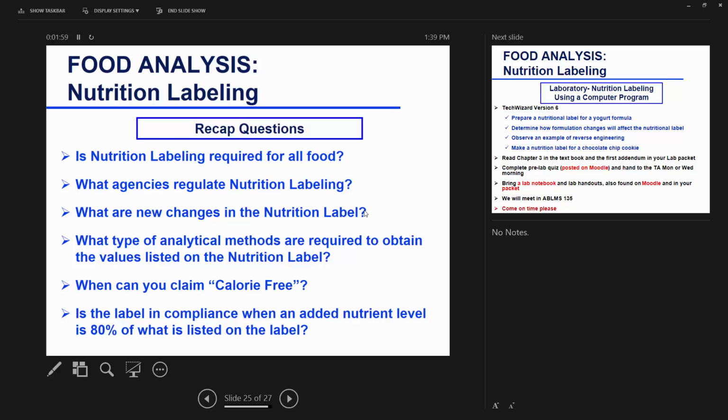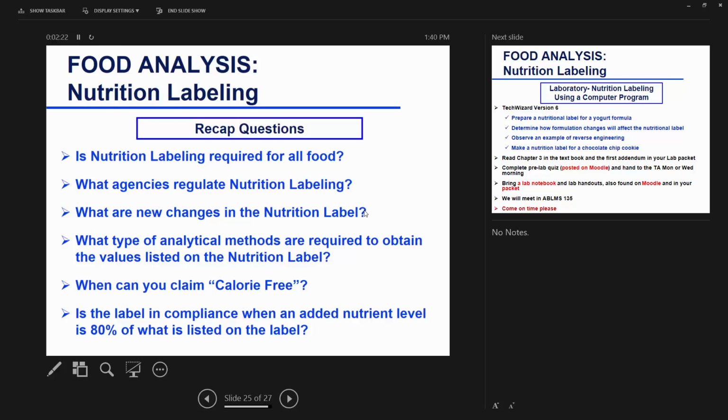Yes, very good. Is the label in compliance when an added nutrient level is 80% of what is listed on the label? Does that depend on the nutrient?